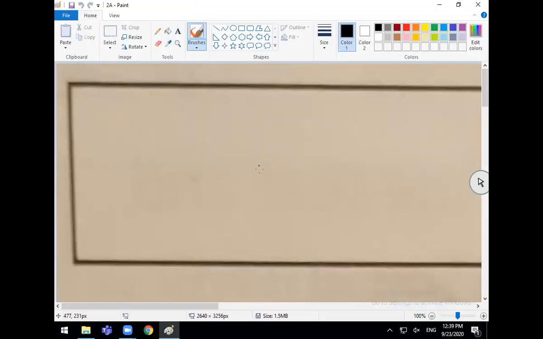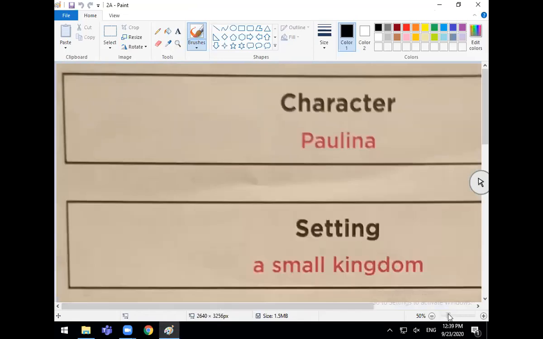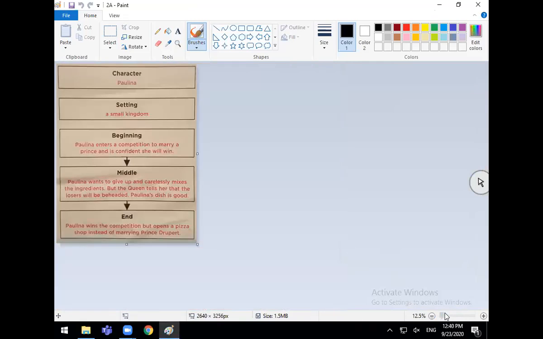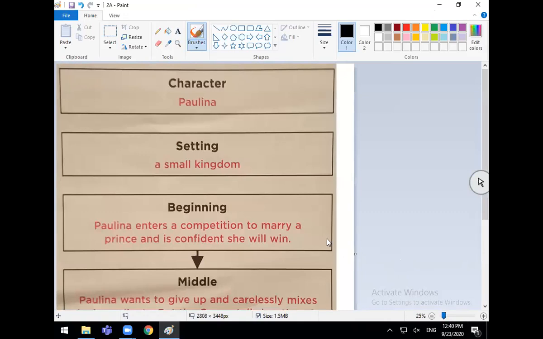I want to show you the chart and what I want you to write in your turn practice book, okay? So our main character, the person that our story is mostly about, is Paulina. Our story is mostly about Paulina. Trying to make it a little bit bigger for you.